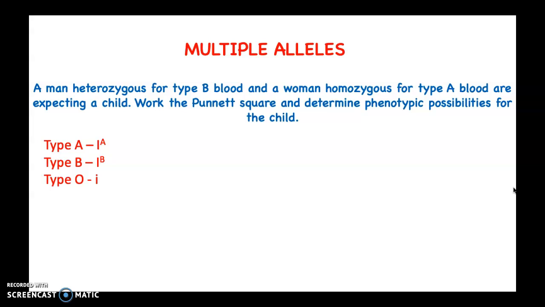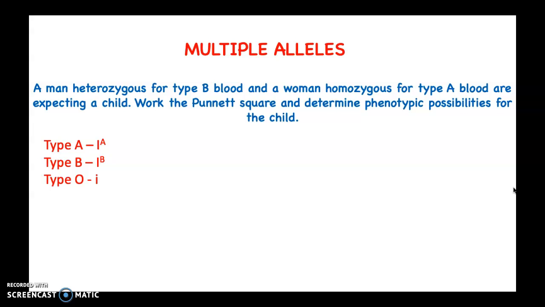So there's an allele for A blood, an allele for B blood, and those happen to be codominant. So we're dealing with codominance. And then type O blood, which is recessive. So we give that a little i. So we are dealing with codominance and complete dominance at the same time.